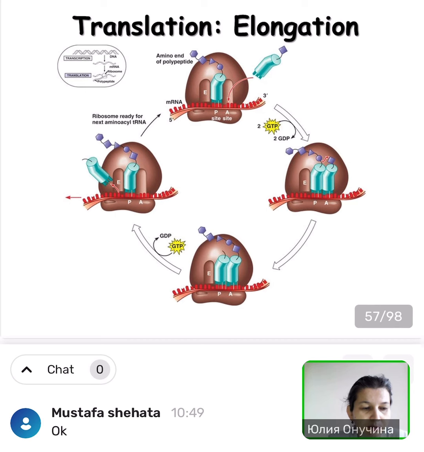The first was A center, so the first tRNA goes out. That center that was A became P, and new A center is ready. Do you understand? I'm sorry if not, but ask your teachers. Read textbooks. Okay?